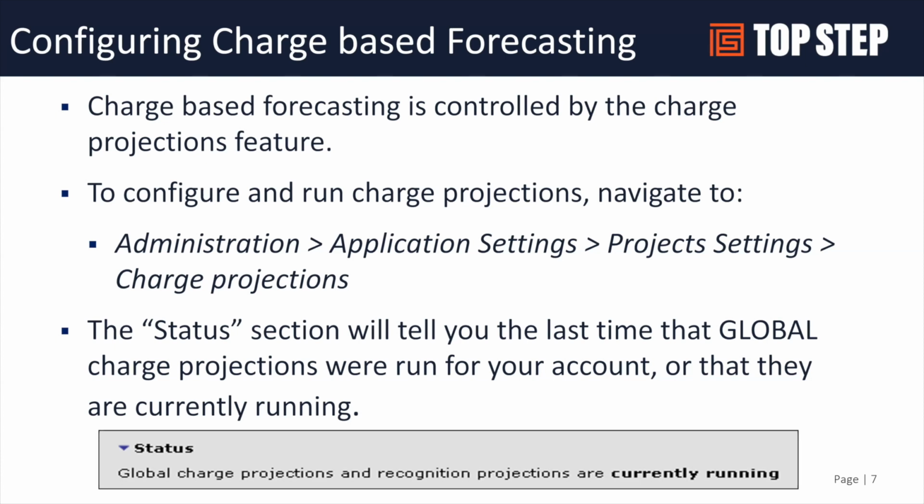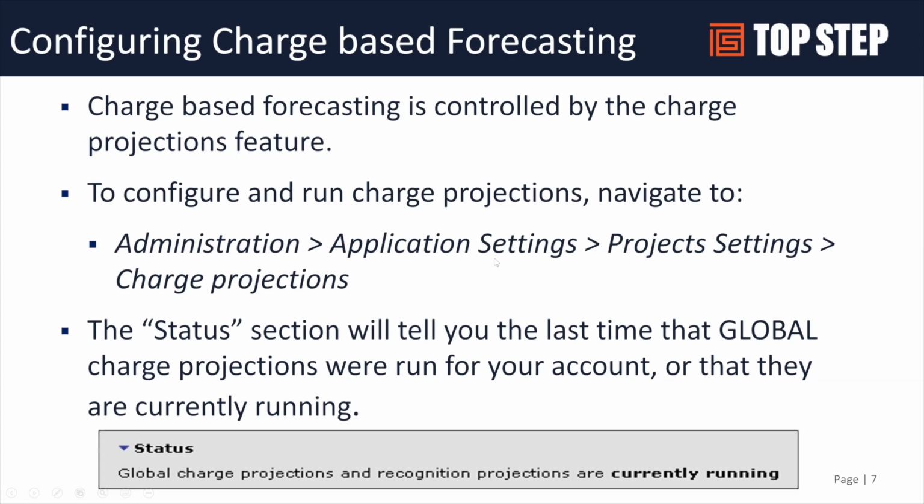As it's running, either globally or on demand, you can check the status. The on demand run is very quick. Generally it happens immediately, versus the global run, which depends on how many projects you're calculating. Usually we tell customers to have it run in the middle of the night because it could take a bit of time to run across all projects.